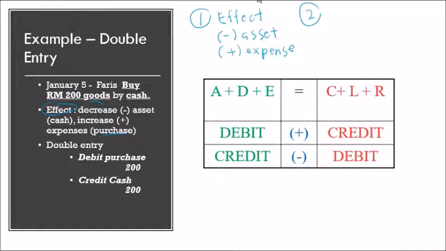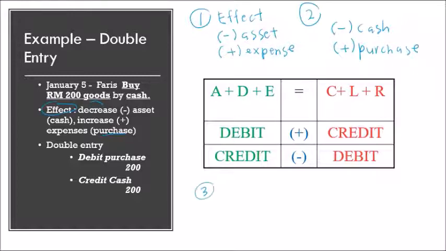So the asset in this transaction is cash, so your cash is reducing. So what's increasing? Your expenses. The term that represents expense in this transaction is purchases. So these are the terms that we will use to record the double entry.